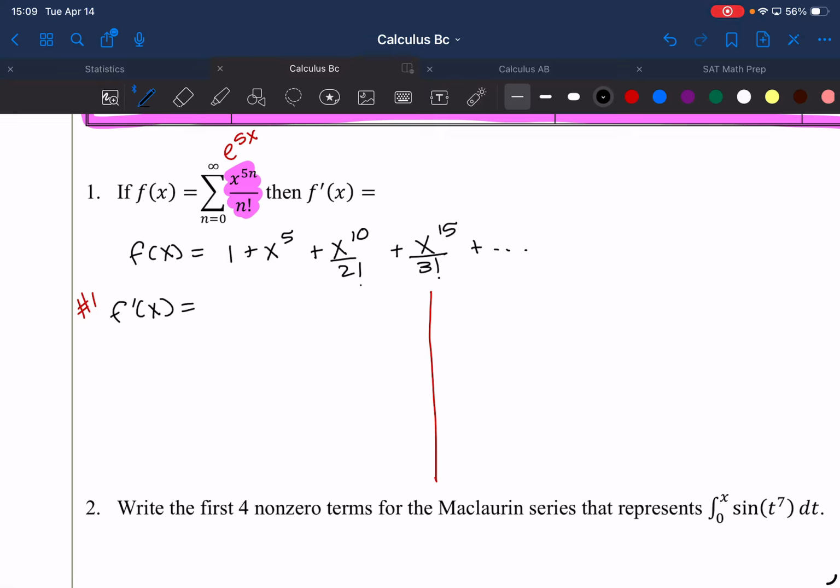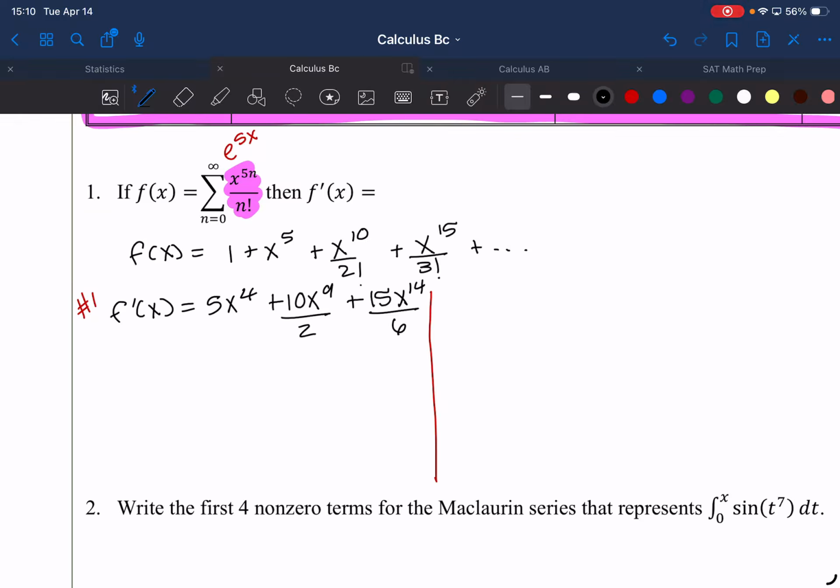Okay, so the derivative of 1 is 0. We don't write that. The derivative of x to the 5th is 5x to the 4th. Okay, and we would continue. We don't worry about the denominator because 2 factorial and 3 factorial are just constants. Okay, so just leave them on the denominator. So this becomes plus 10x to the 9 over 2, and then plus 15x to the 14 over 6.